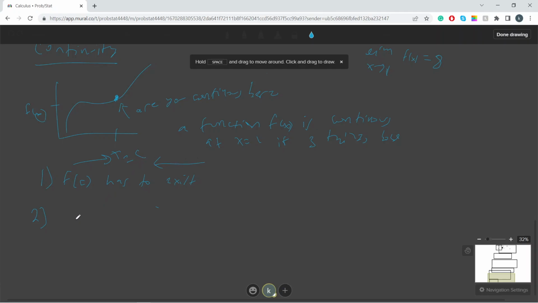So from the right and from the left. One way we can say what side we're coming from is through the plus or the minus symbol. So we say the limit as x approaches c with this plus symbol, which means from the right, of f of x must exist.